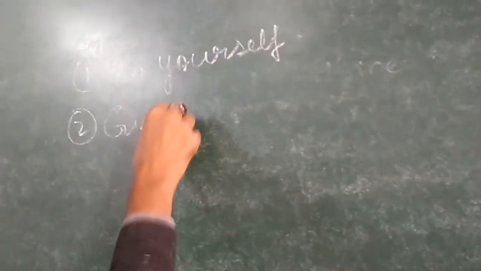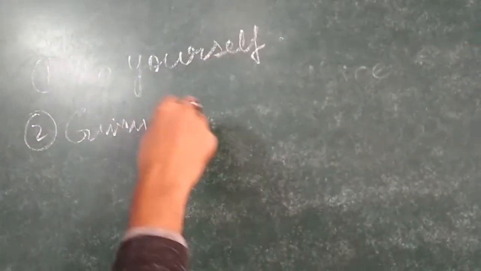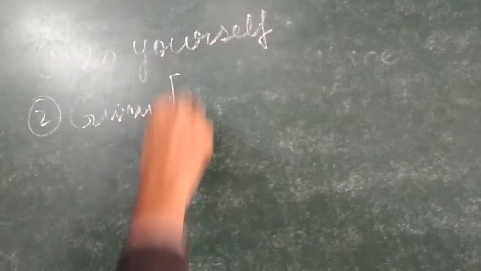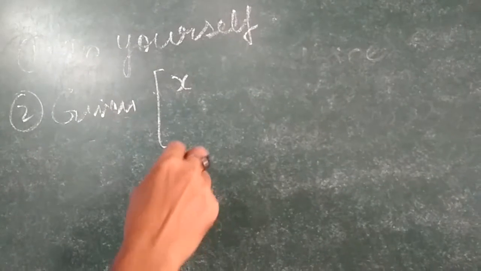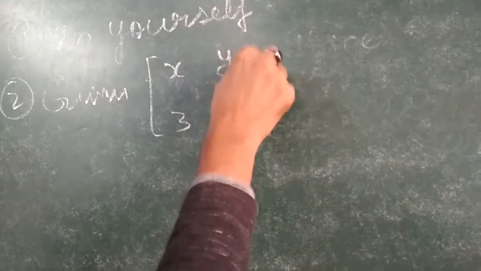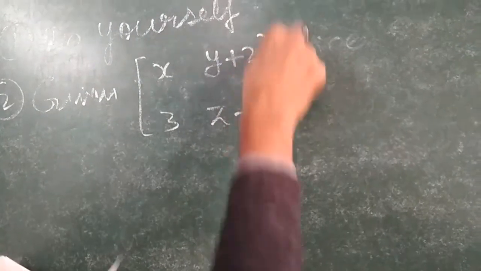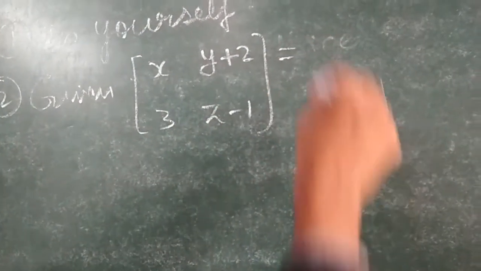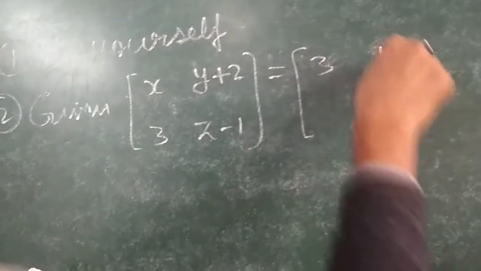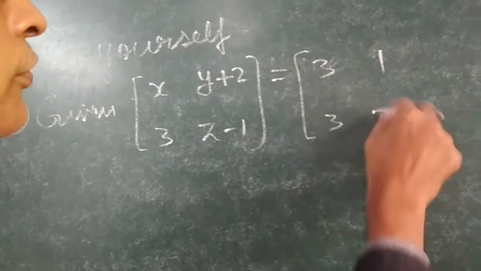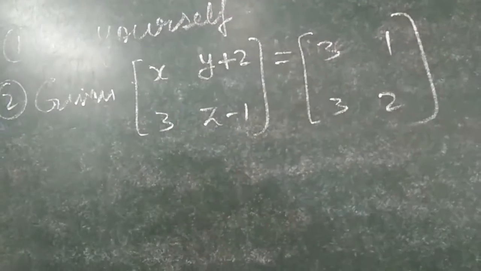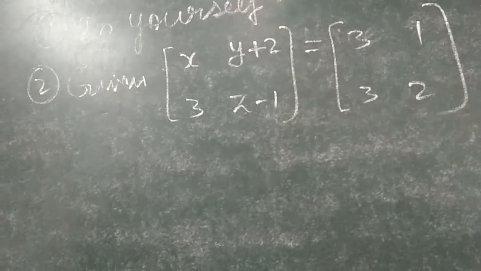Question number 2, given the matrix [x, 3; y plus 2, z minus 1] equals [3, 1; 3, 2], and we have to find the value of x, y and z.